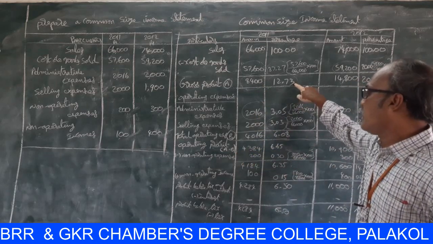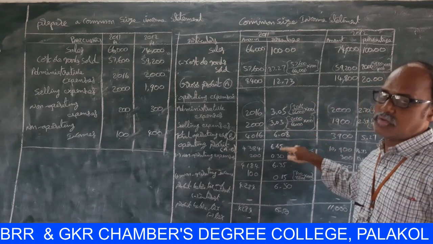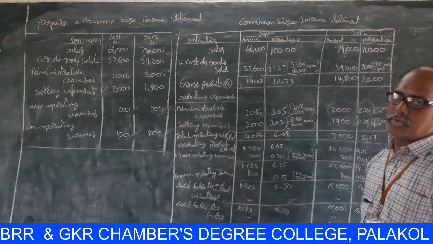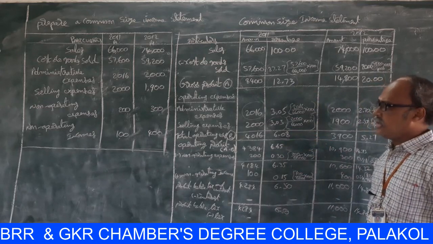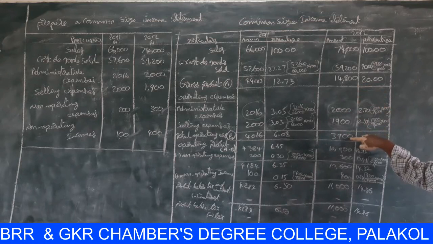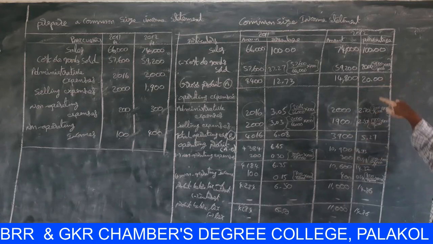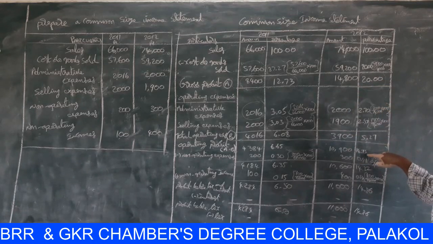Next, 12.73 minus 6.08, 6.65, the percentage of operating profit. Next one, 14,800 minus 3,900, 10,900 is to be treated as operating profit. Next one, 20 minus 5.27, 14.73 is the operating profit ratio in the year 2012.